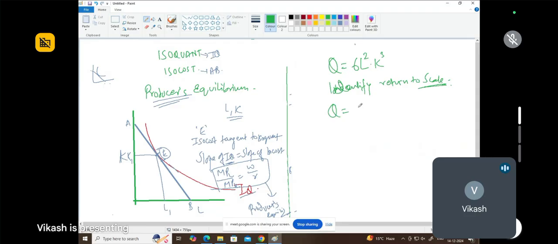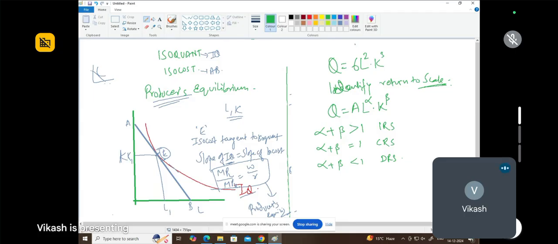If Q is equal to A L to the power alpha, K to the power beta, and you add the powers of labor and capital, and that sum is greater than 1, then it belongs to IRS. If the sum is equal to 1, you can call it CRS, and if the sum is less than 1, you can call it DRS. So this is all about production.